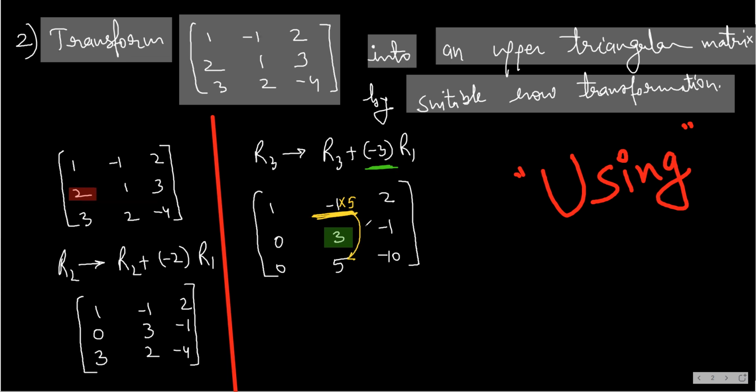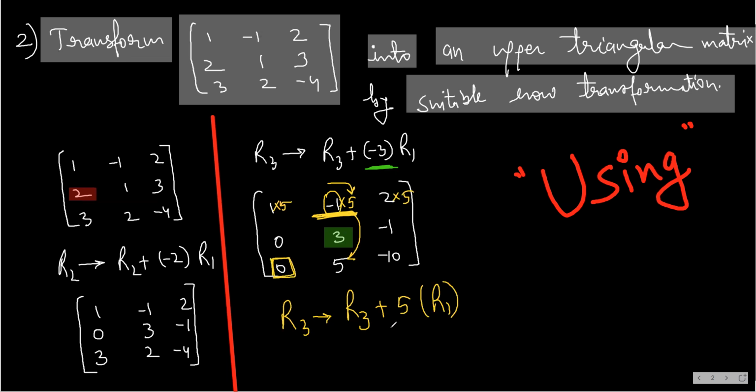Remember, students, if you do that, what would the transformation be? The transformation would be R3 changes to R3 plus 5R1. You are multiplying 5 in R1 and then adding to R3. Remember, that would change even this.